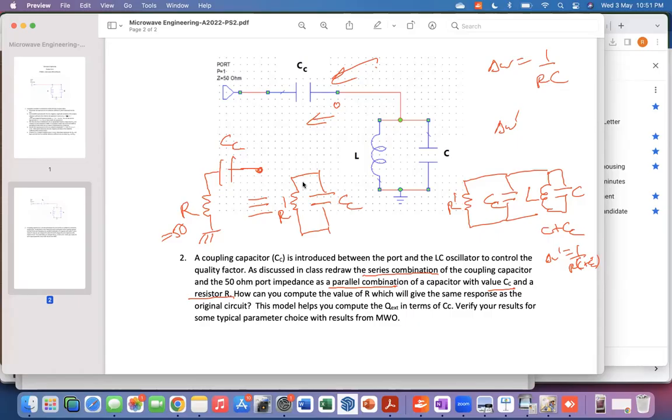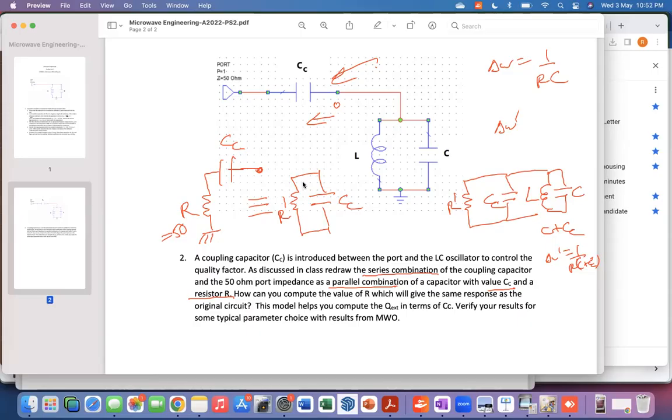The reason it looks very silly is that the two circuits are completely different, right? One is a series RC circuit, one is a parallel RC circuit. So how can they have the same frequency response? The first thing to realize is that we are studying a resonator.